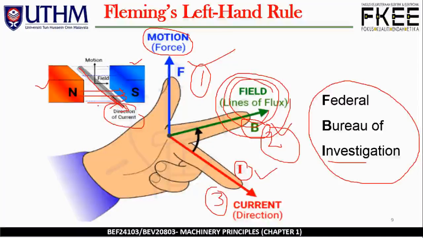Now you can obtain the direction of motion or force once you apply Fleming's left hand rule. With current over here and magnetic field from N to S, the motion or force is moving upward, here and here.